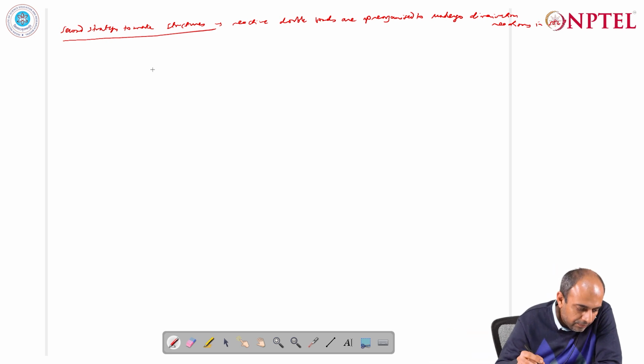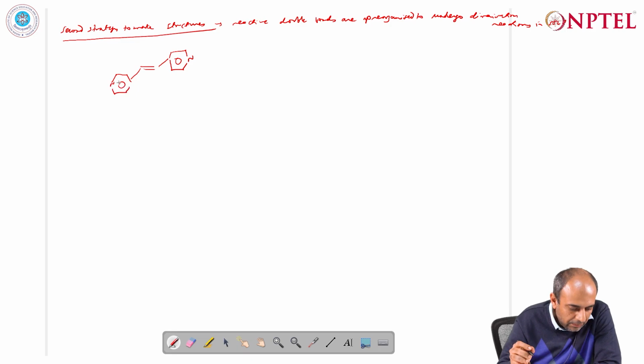So in this regard, what was considered is we have this particular compound, and in the presence of resorcinol, it undergoes a solid state dimerization at this particular double bond site to form the dimer.